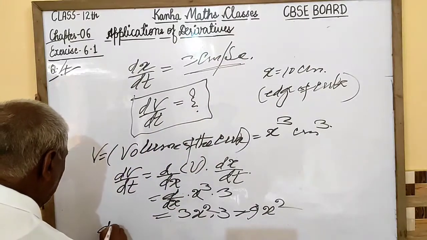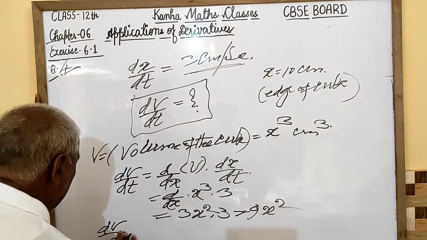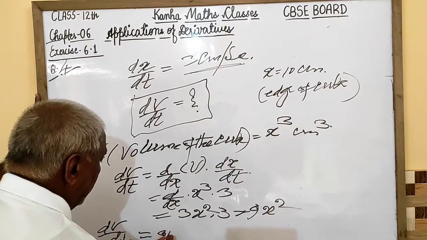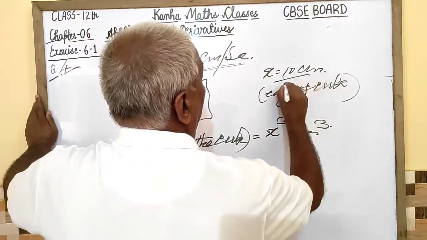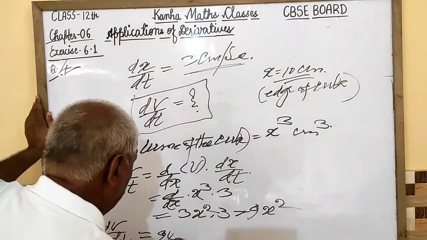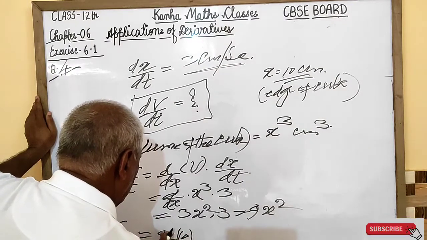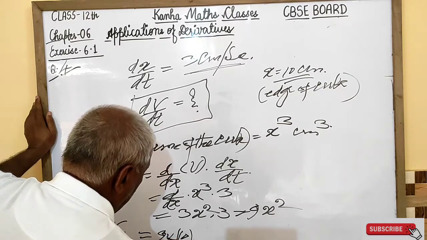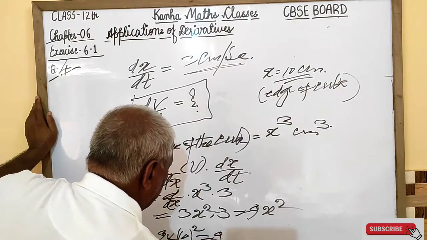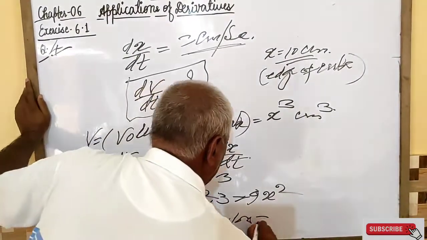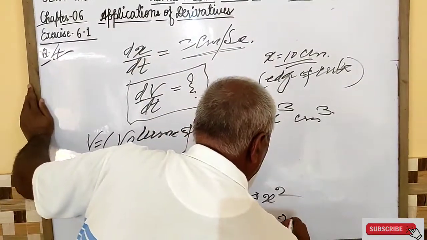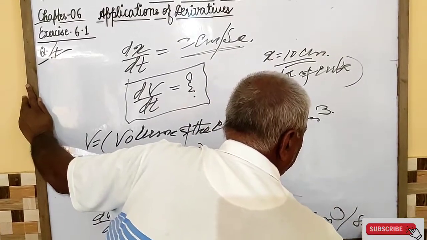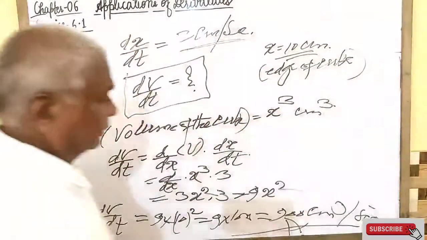Hence dV by dt is equal to 9 x square, where edge of the cube is 10, so 9 into 100, that is 900 cm cube per second. This is the requisite answer of this question.